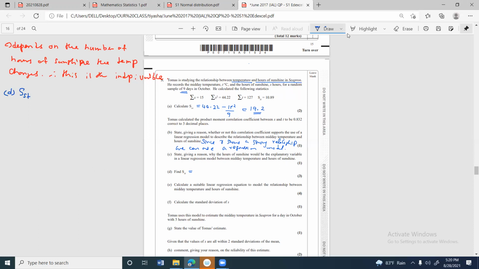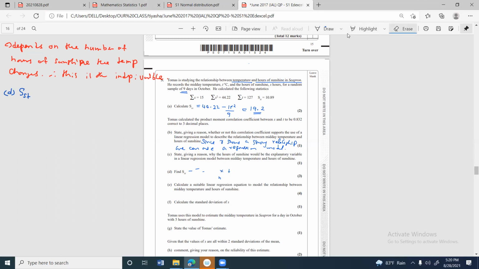How to find SST? The usual format that we know is summation of S into summation of T divided by N. But we don't know the summation of S and summation of T, and without knowing this part we can't do it. Then we can go with the alternative method to do this question.